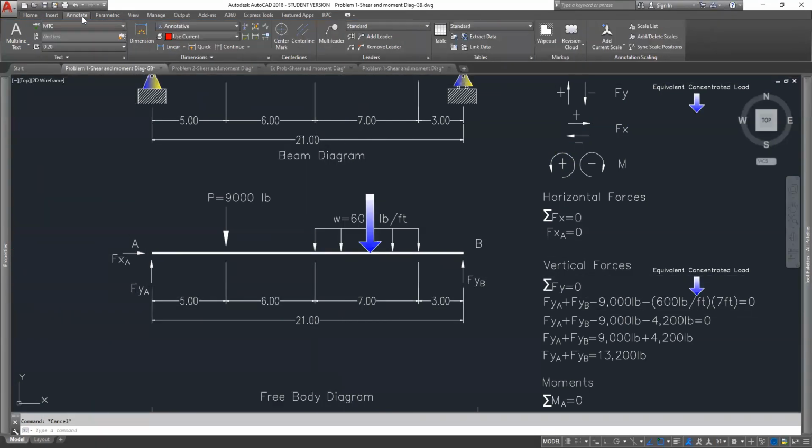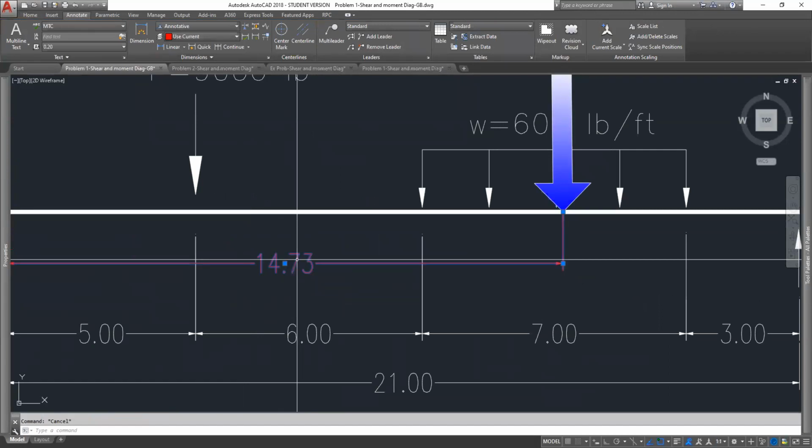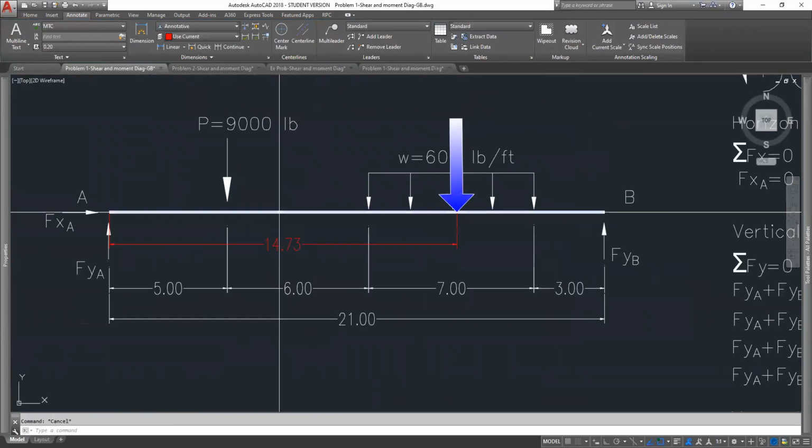So let's just go ahead. I'm going to mark that right into here. I'm going to do a linear dimension and I'm going to adjust it, okay? Because this needs to be 11 plus 3.5 feet. So this actually needs to be 14.5. So let's do it a different way and then I'll adjust the load.